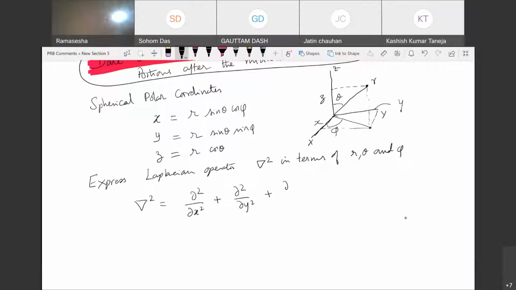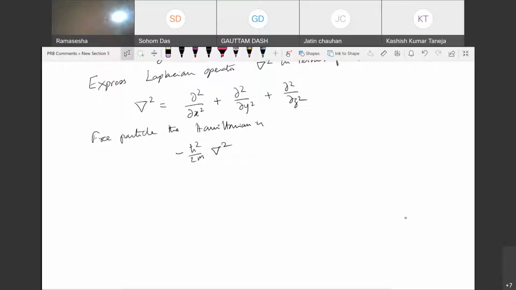This is a very important operator because the kinetic energy, the Hamiltonian, is given by minus h cross squared by 2m del squared, and it has eigenfunctions and eigenvalues E of k equal to h cross squared k squared by 2m.